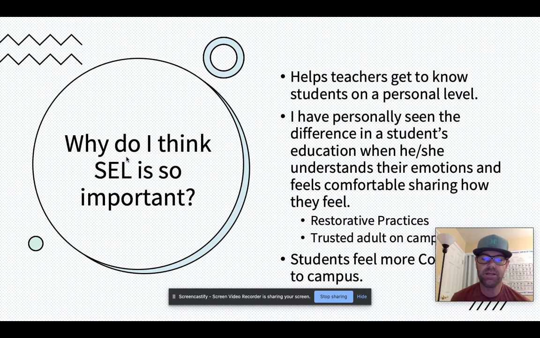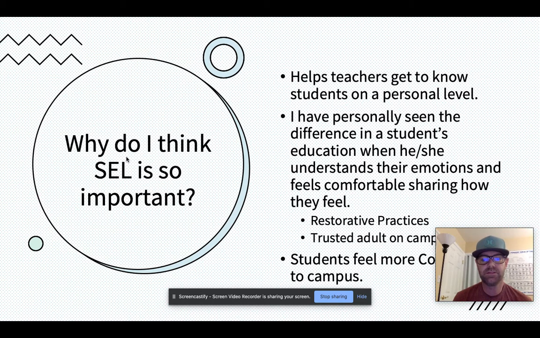I'm also lucky to be one of the trusted adults on our campus. And by that, I mean that students have, over the years, voted for who they feel comfortable coming to with their problems. And so I've been voted one of those trusted adults. And nearly on a daily basis, I have students come to me and confide in me about things going on in their personal lives, and ask for advice on ways that I can help them.